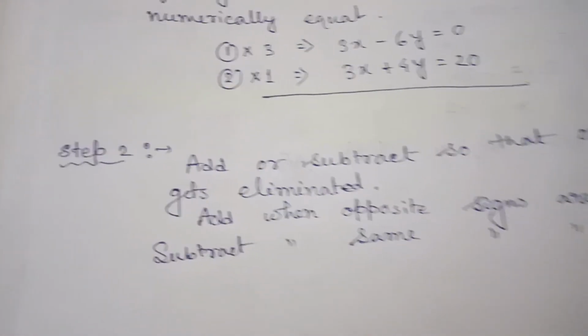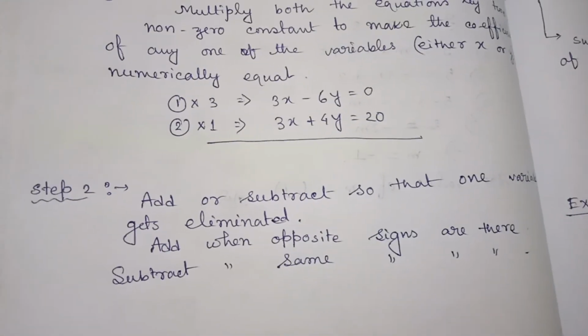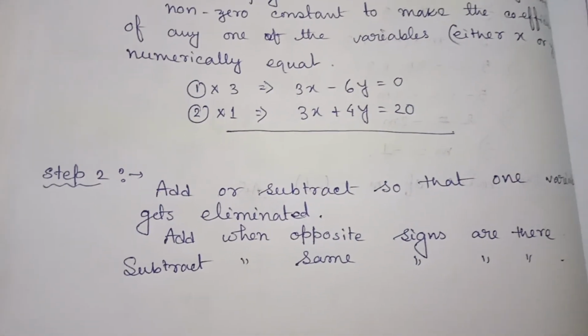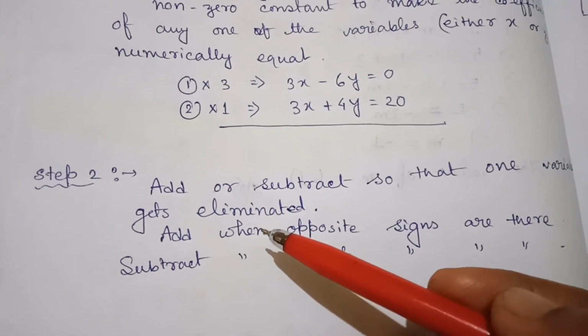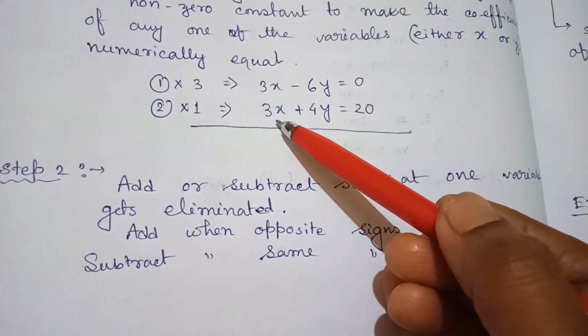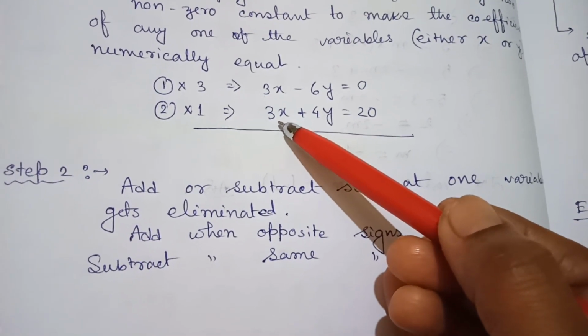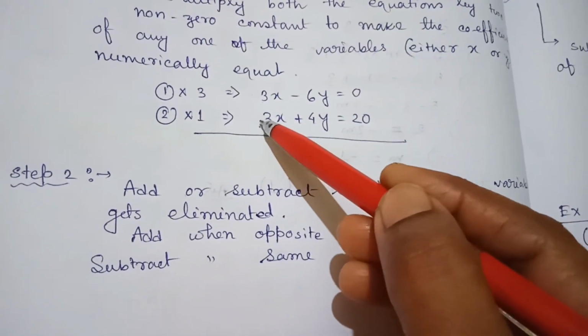Coming to step 2. Step 2 is add or subtract so that one variable gets eliminated. Here we have chosen x, that means we have to eliminate x. Now how? Look at this. These two have the same sign.